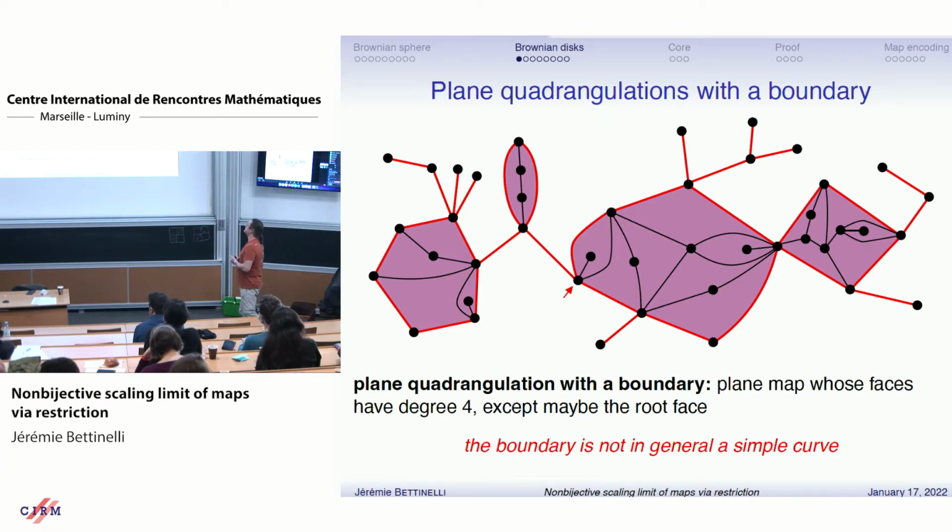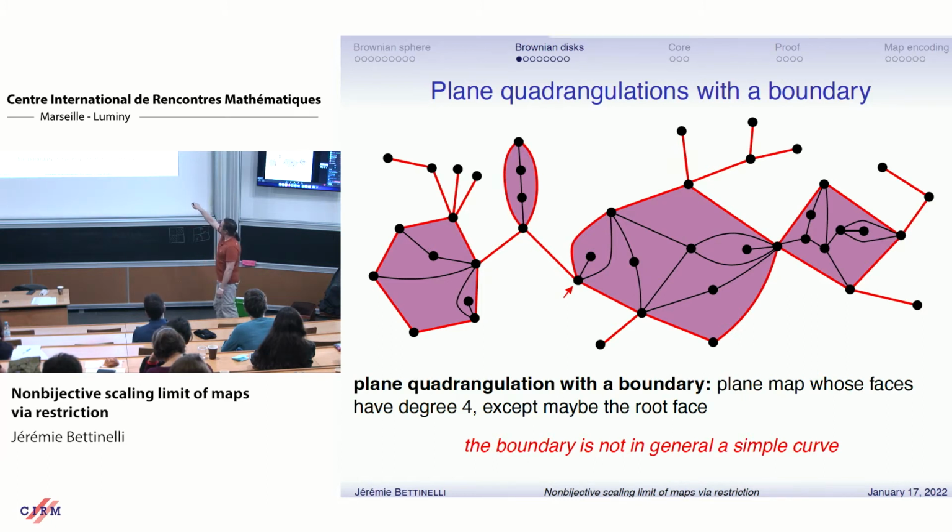Let's talk now about maps of the disk. So far, I was working on the sphere. Now I want to look at quadrangulations of the disk. So the definition is the following one. I take what I call a plane quadrangulation with a boundary. So it's still a plane map, but all the faces have degree 4 except one, and usually it's the root face. Here I put an arrow instead of a corner as before, but it shows one corner of the map.